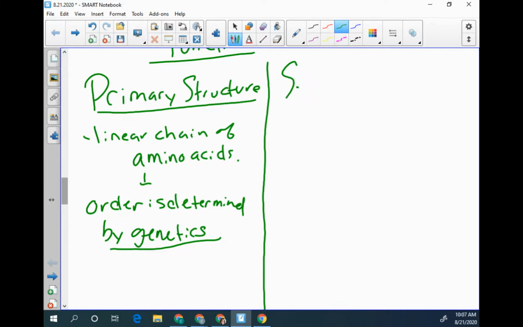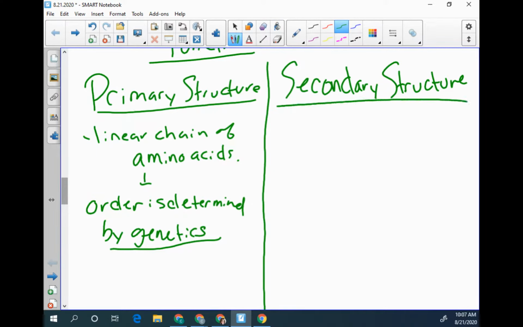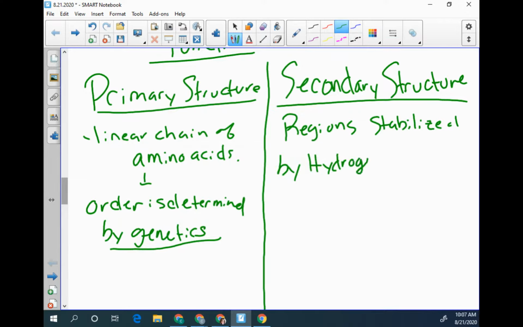Level 2, or secondary structure, is regions stabilized by hydrogen bonds between atoms of the backbone.